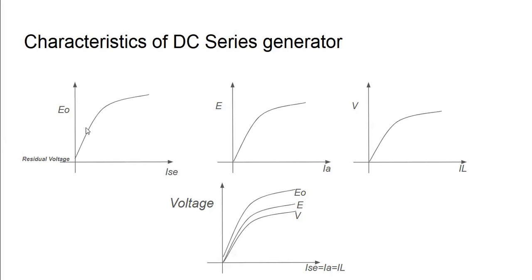So we can combine all these three characteristics and show them together. This is the open circuit characteristics, this is the internal characteristics, and this is the load characteristic or the external characteristics, which are all plotted against the ISC, which is also the same as IA, which is also the same as IL, because in a series generator the field current, armature current, and load current are all the same.